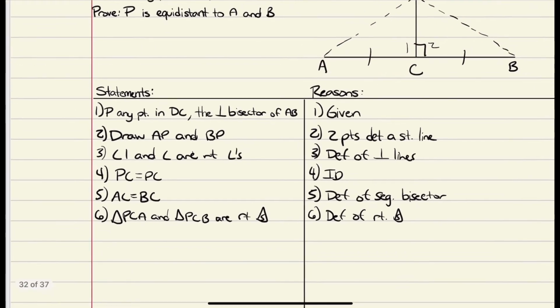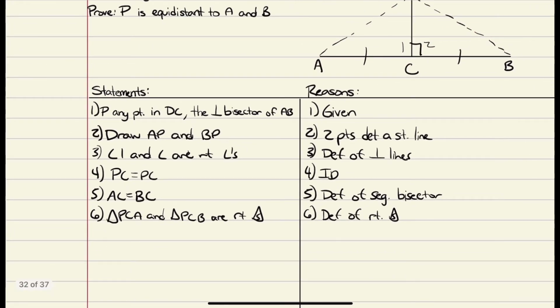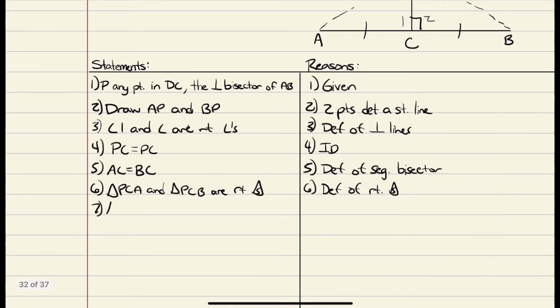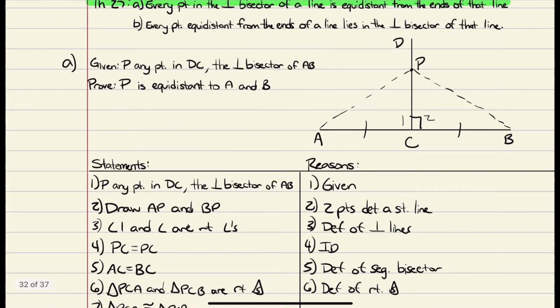And now I can say that triangle PCA is congruent to triangle PCB. I'm going to give you a couple seconds to figure out why these are congruent. We have a leg here and a leg here equal to each other. We obviously stated that they're both right triangles. And we have PC equal to PC. This is by leg.